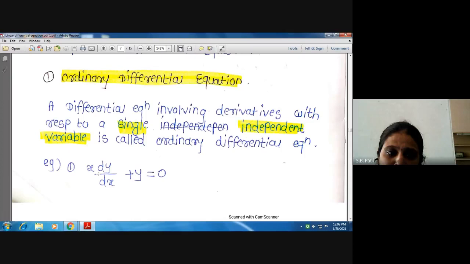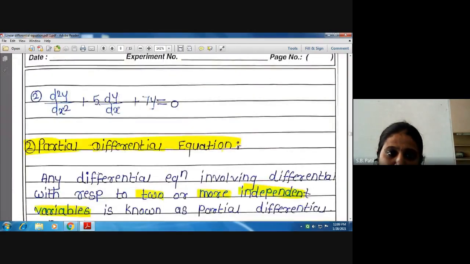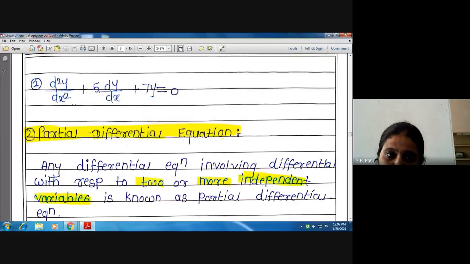Then we take another example of an ordinary differential equation: d²y/dx² + 5 dy/dx + 7y = 0. This is a second order ordinary differential equation. In the first term, y is a dependent variable and x is an independent variable, and we differentiate y twice with respect to x.